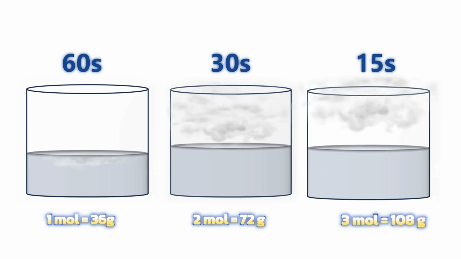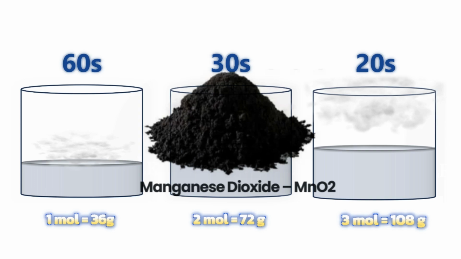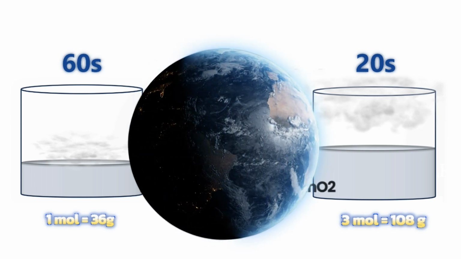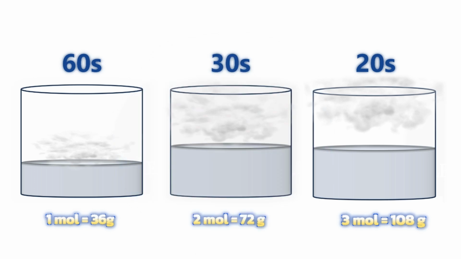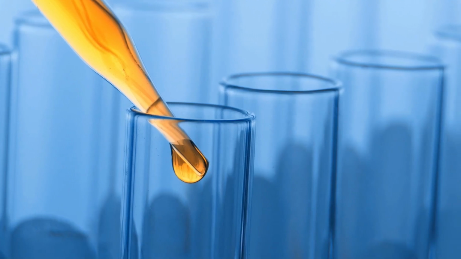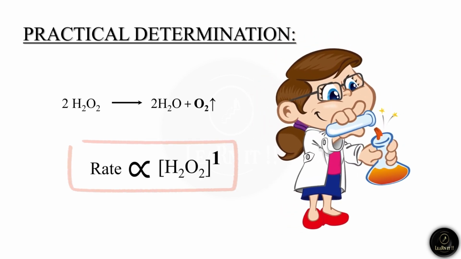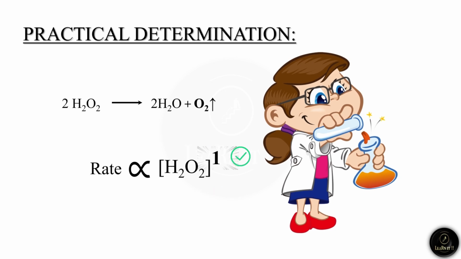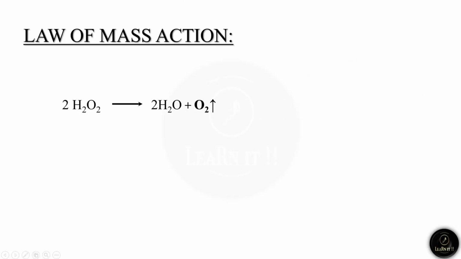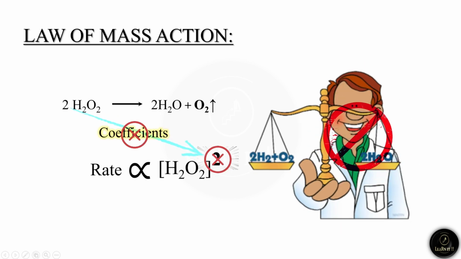This decomposition of hydrogen peroxide is performed under a catalyst, manganese dioxide. Otherwise, it would take many days. With respect to decomposition of hydrogen peroxide at a definite temperature, the rate of reaction when practically determined is directly proportional to the first power of the concentration of hydrogen peroxide, which was different from the law of mass action, which gave the second power of the concentration of hydrogen peroxide.